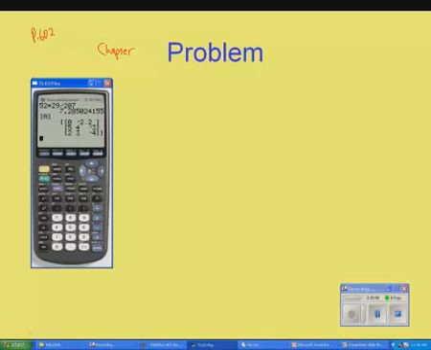Now, for you guys, we want to take the table that's in the beginning of the chapter problem and put that in. We want a 2x2 matrix. So the way you do this is you hit second matrix, go to the right to edit one of your matrices. I'll put mine in for F, because I don't have anything for F yet.